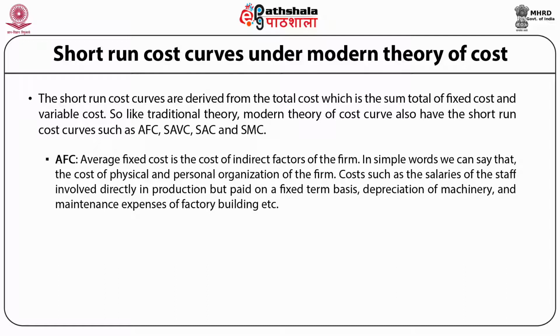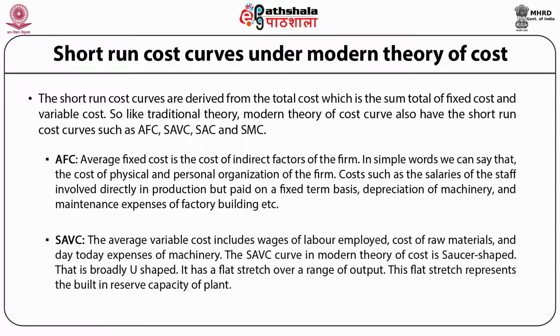Costs such as the salaries of the staff involved directly in production but paid on a fixed term basis, depreciation of machinery and maintenance expenses of factory building, etc. SAVC. The average variable cost includes wages of labor employed, cost of raw materials, and day-to-day expenses of machinery.